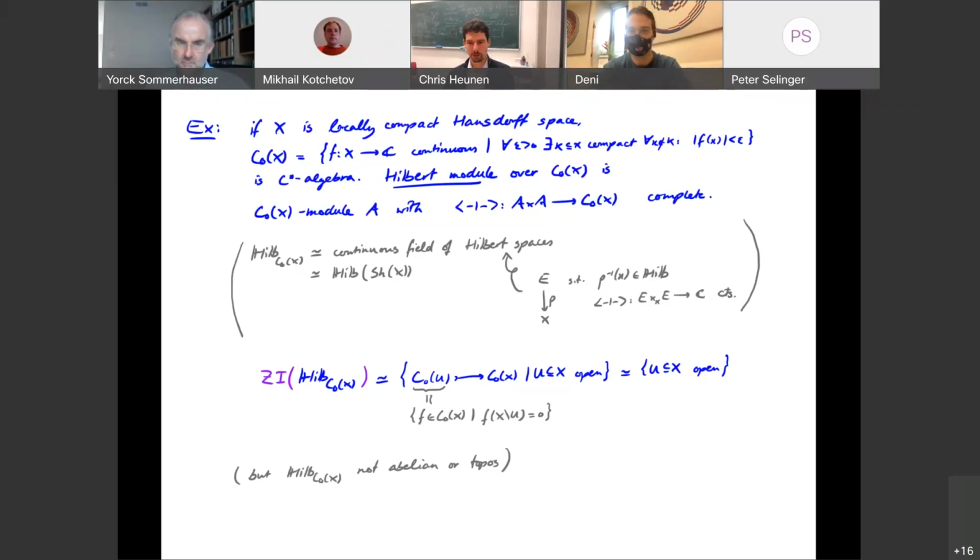At the first stage, it takes values in C_0(X), but then you can go further and take the norm of that. You get an actual number in C. So when I ask completeness, I ask that if you have a Cauchy sequence at the first level, I want it to have a limit at the second level. I hope that makes sense.